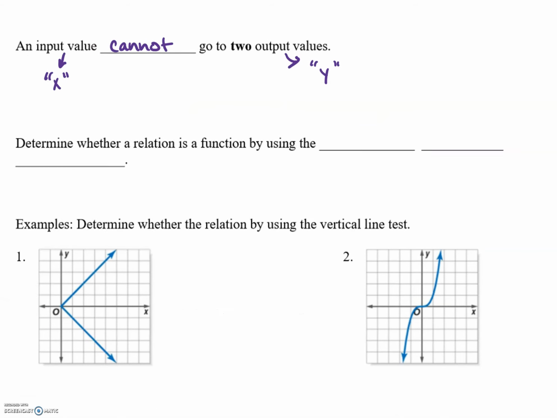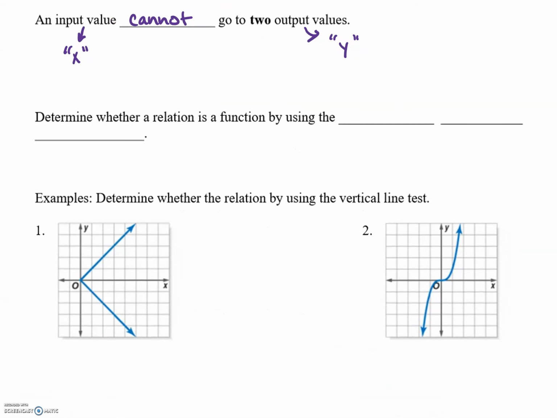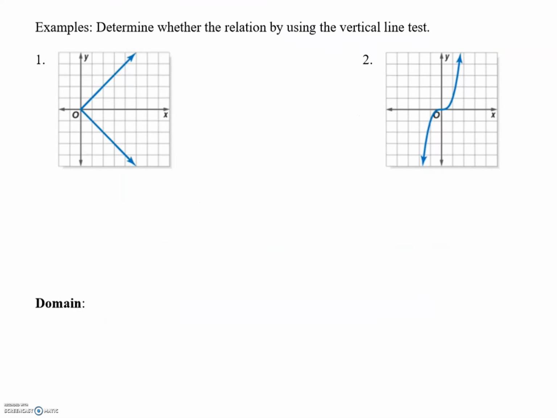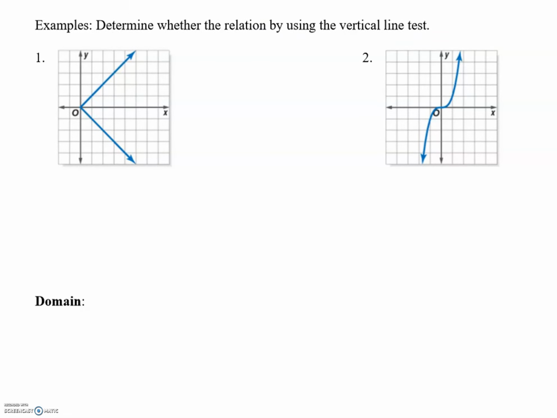How are we going to determine if something is a function or not? Well, one way is simply to look at its graph, and we're going to use the vertical line test. The vertical line test is very easy. You don't actually have to draw a vertical line, but you can if you would like.